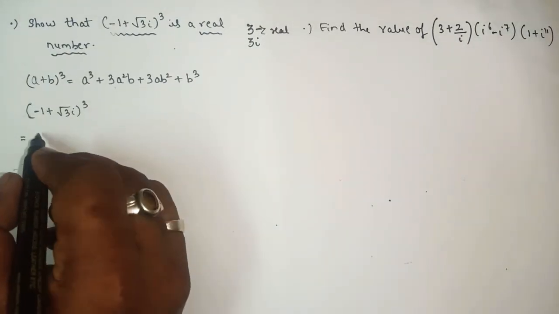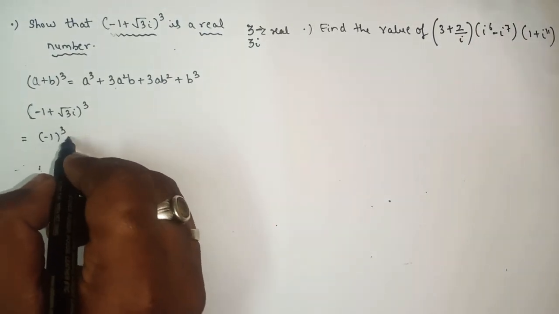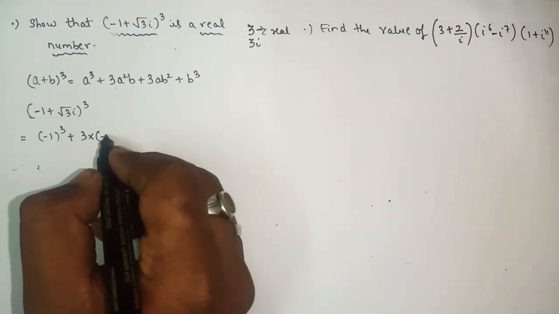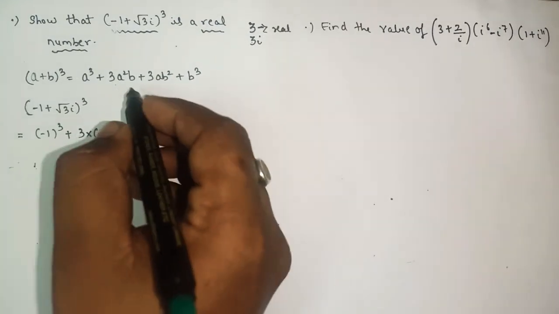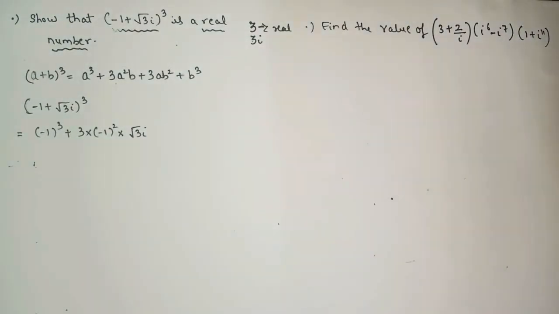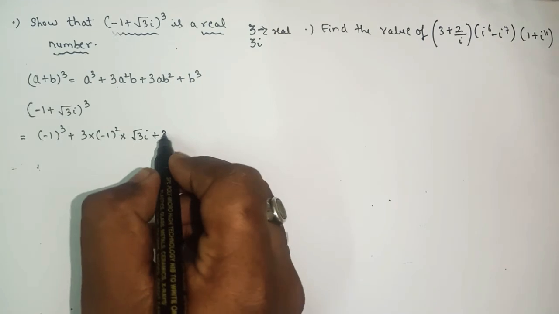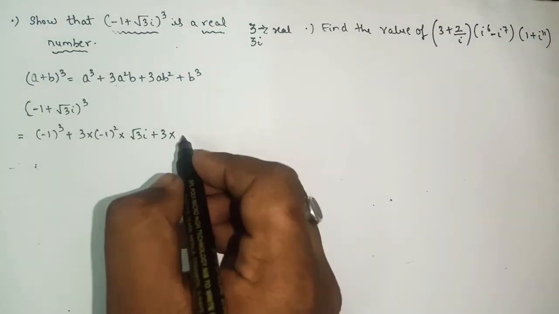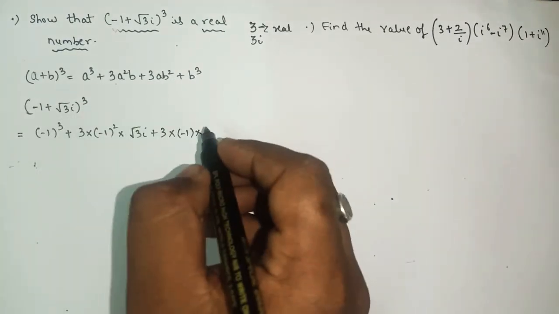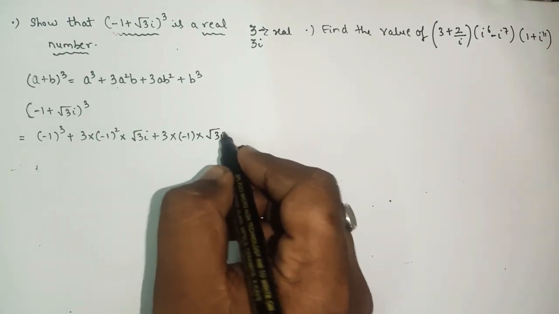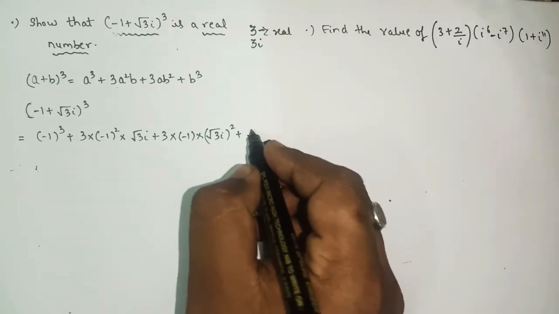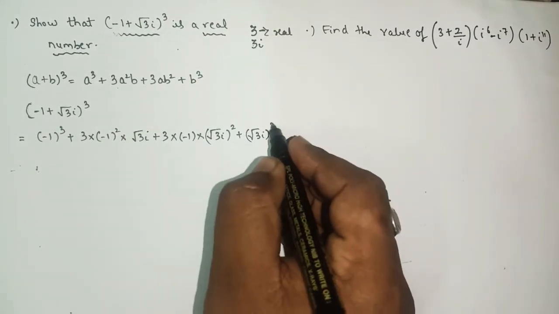So first one is a cube, so we'll write (-1) cube plus 3 into a square, so (-1) square into b. What is there in place of b? It is root 3 i, plus 3 into a, which is minus 1, b square, so the square of this part, (root 3 i) the whole square, plus b cube, (root 3 i) the whole cube.